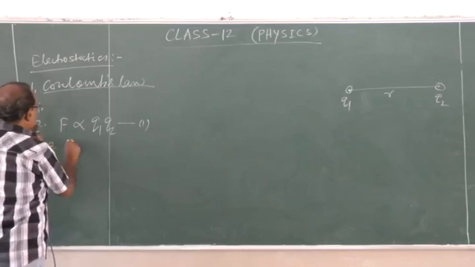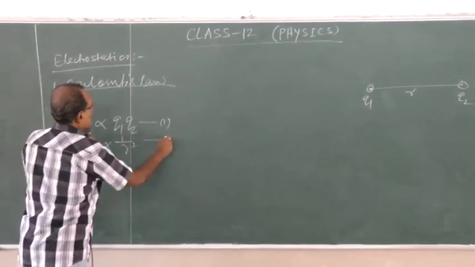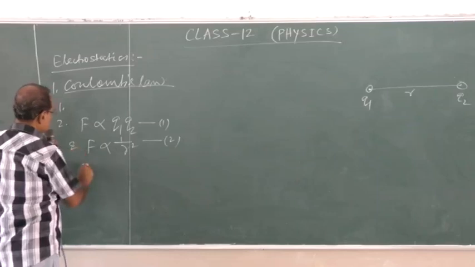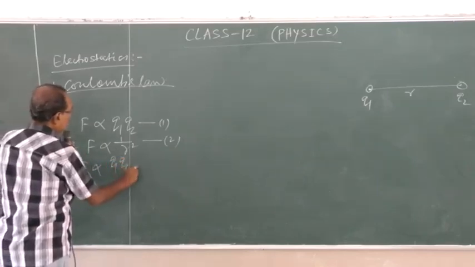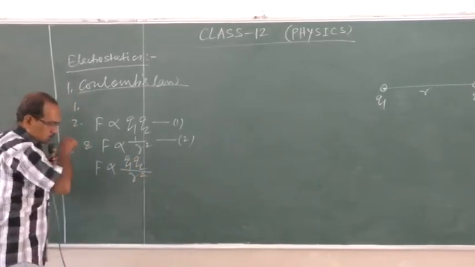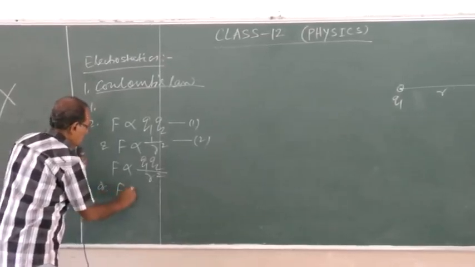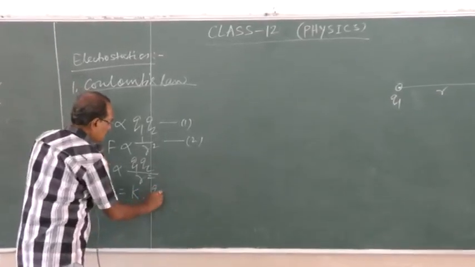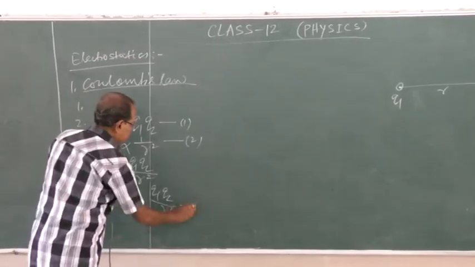And the second one is saying 1 by r square. Combining these two relations, what will we get? F proportional to Q1 into Q2 by r square, or F is equal to K into Q1 into Q2 by r square.